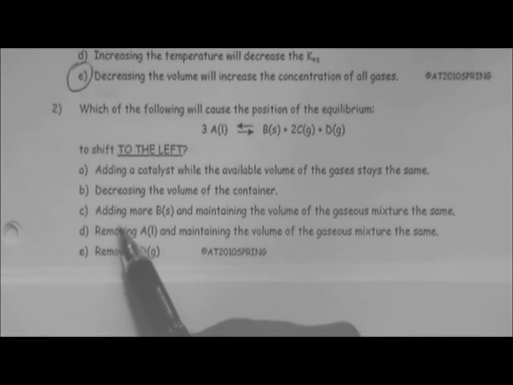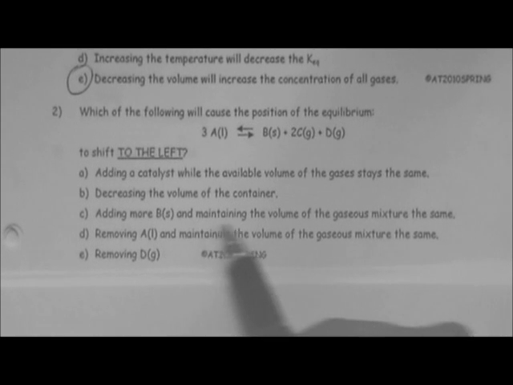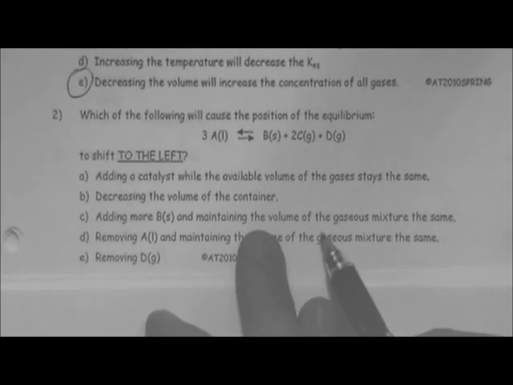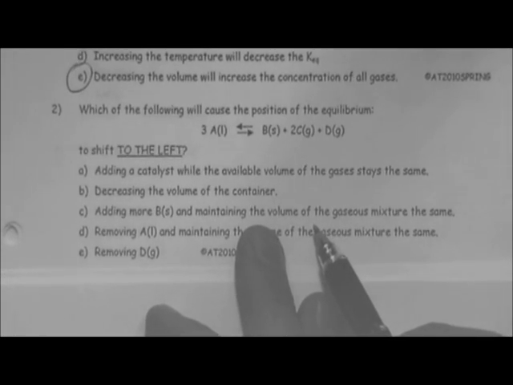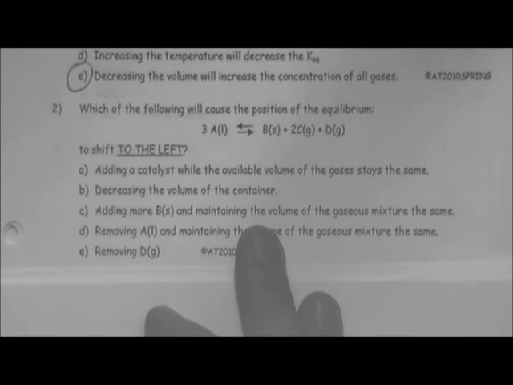How about if I add more B and the volume is fixed? It's a container, right? I put a lot of B inside and the volume of the container stays the same. Remember, the volume of the container and the volume of the gases are not the same thing.